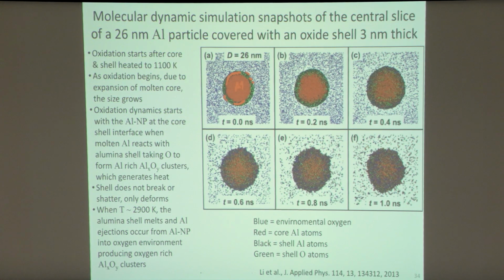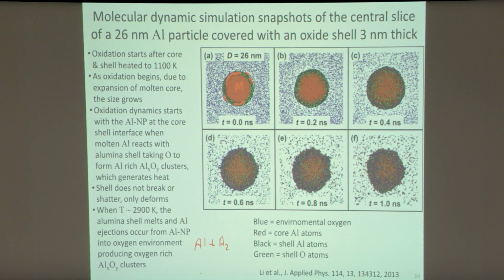In this particular case here, what the molecular dynamics calculations say is it's the aluminum that starts reacting with the aluminum oxide. So I've got some sort of reaction that says Al's reacting with Al2O3 at that interface. And what it does is it ends up reducing this to an AlxOy, okay? And that reduction is a little bit exothermic that raises the temperature, okay? And then that continues to the point where everything becomes molten, and then I start getting diffusion of aluminum and oxygen across the layer itself.